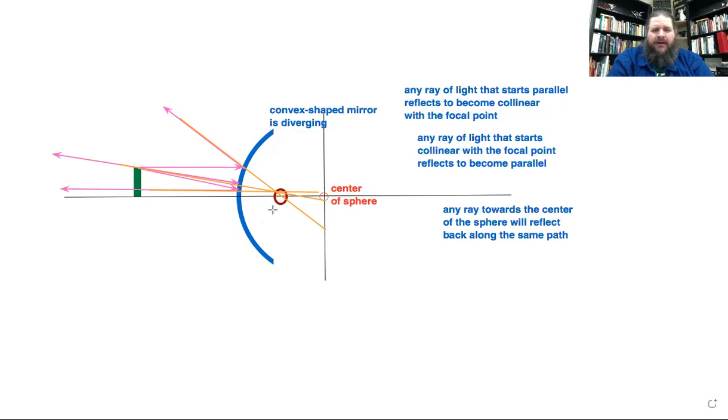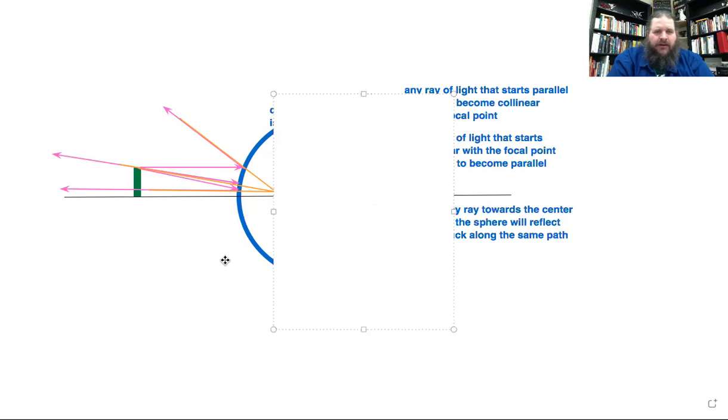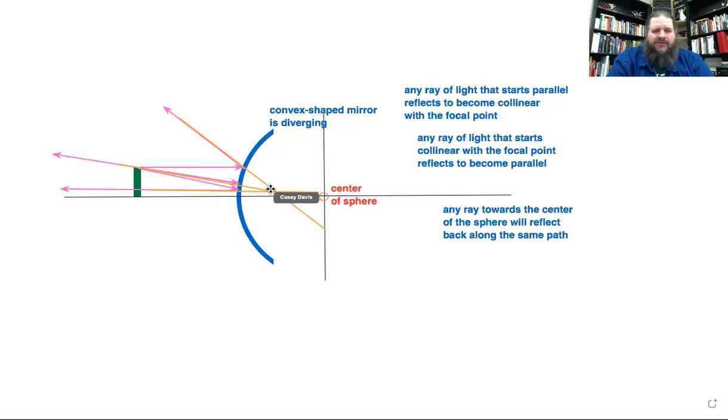And note that we can find one point. Let me actually shrink the focal point a little bit so we can get a better look here. Because this is not the focal point. But there is one location where these back traces intersect. That's one location that all three of these final rays of light seem to have come from.